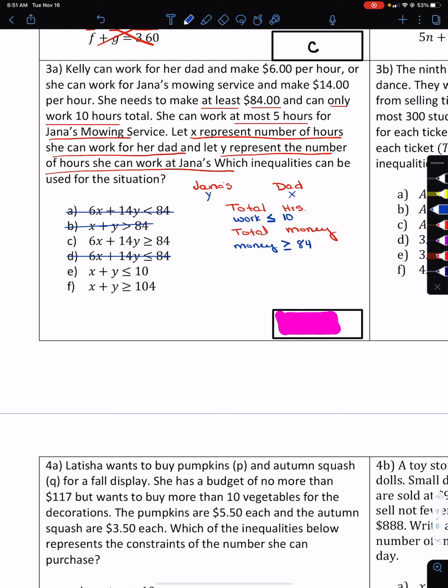And Y is Jenna's. Okay, so she can make $6 an hour for her dad, plus $14 an hour for Jenna's. So that equation is good. And then looking at those two, 104. 104 is not any of our totals, so we can cross off that one. So our equations are going to be C and E. Okay. All right, go ahead and pause the video and go work on 3B.